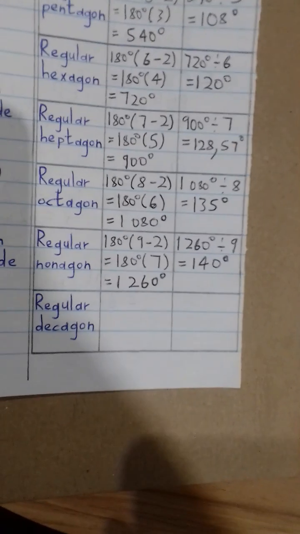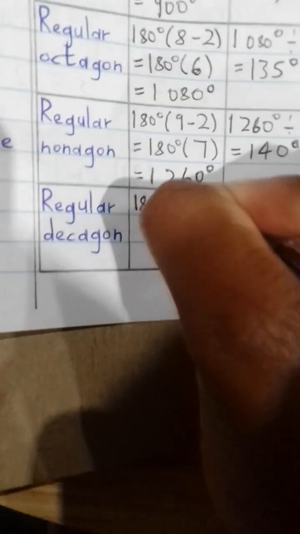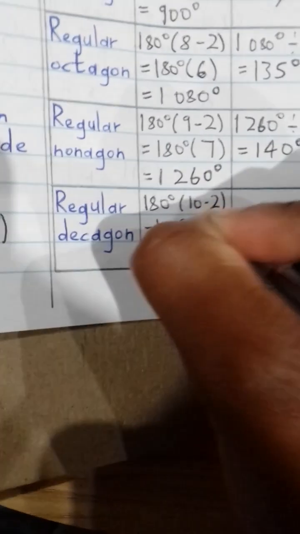And finally, the sum of the interior angles of a regular decagon is going to be 180 degrees times 10 minus 2. 10 minus 2 is 8.